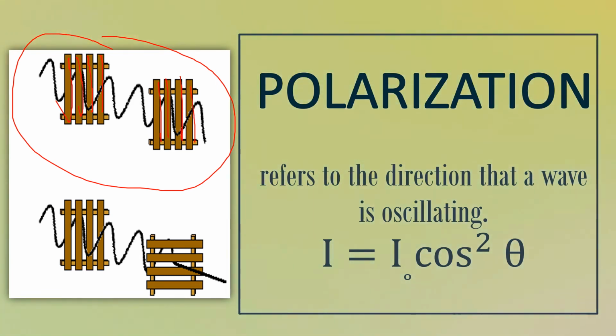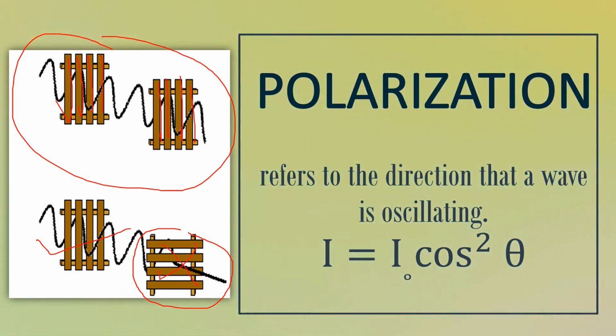Okay, but in the second case, however, the second fence has been rotated to 90 degrees. Now it permits waves that are polarized along the horizontal, and since our wave is polarized along the vertical, it goes through the first fence but not the second fence.